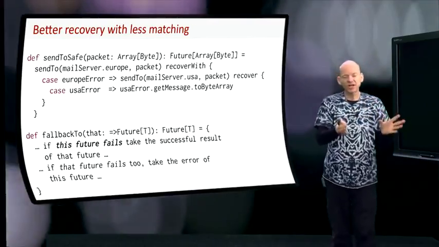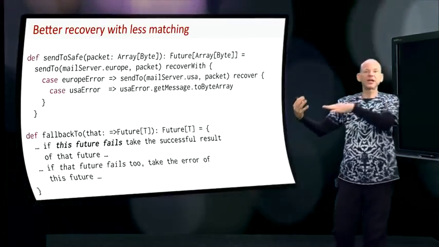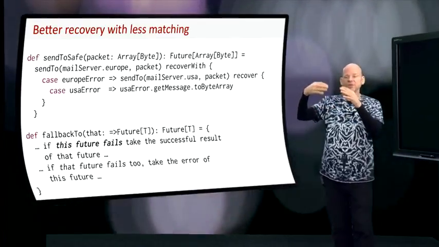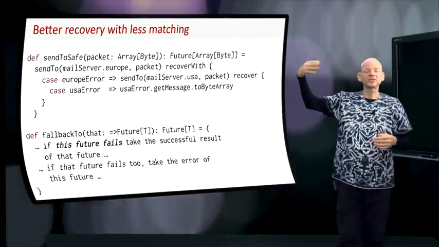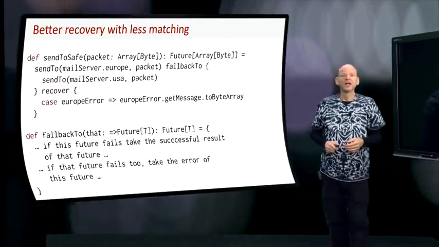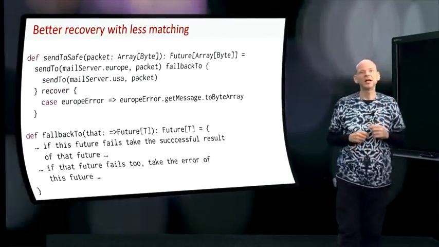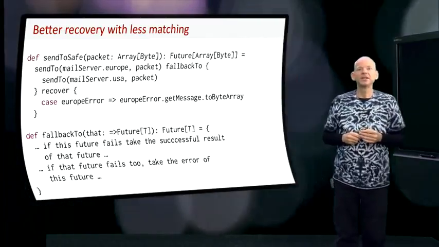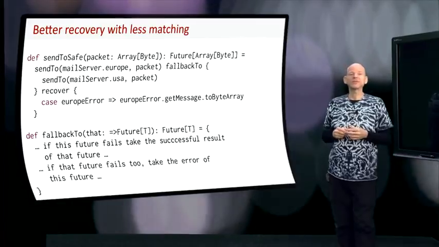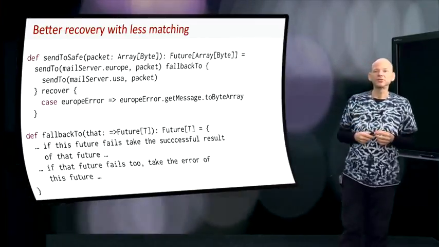All right? So we first try to run this. If that succeeds, we're done. If that fails, we try the fallback. If that fails, we know that this failed, so we return the error from that one. If we had that function, then we can define sendToSafe as follows. We first try to send it to Europe.